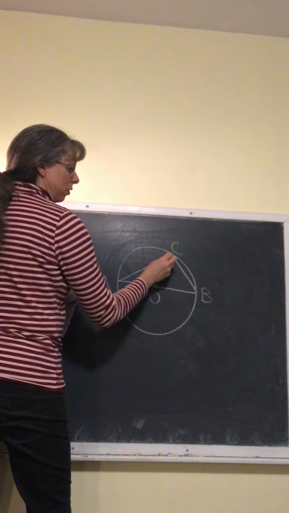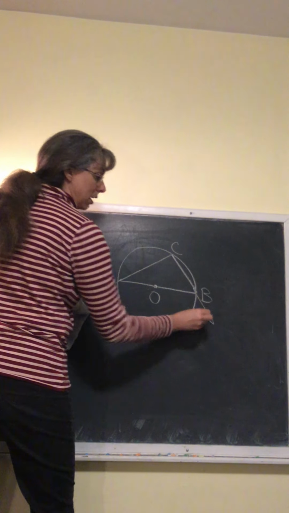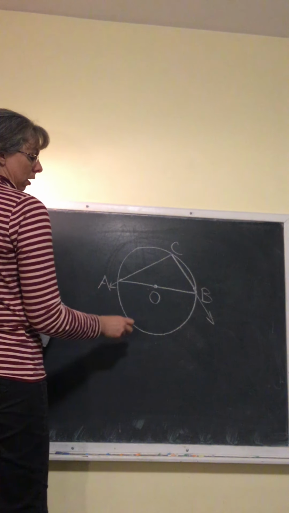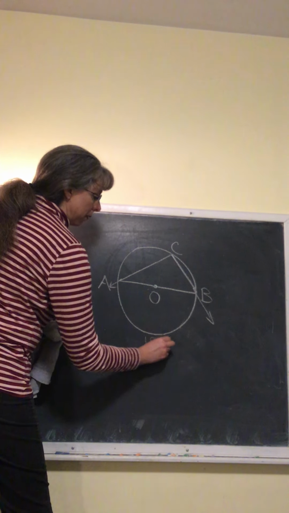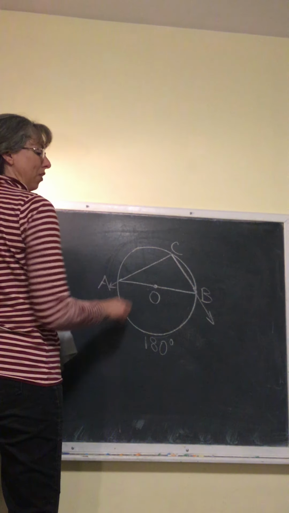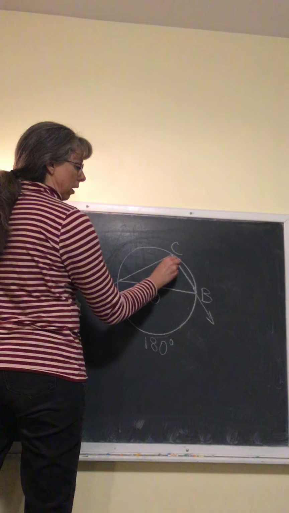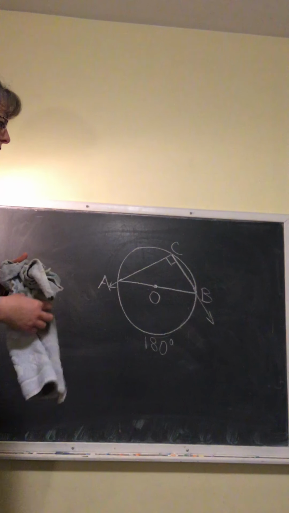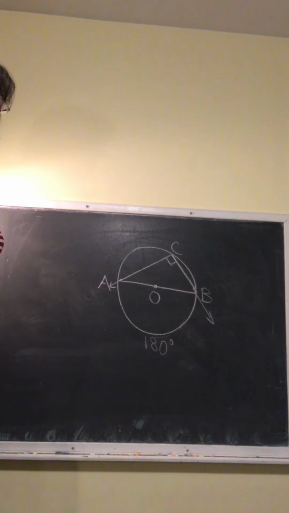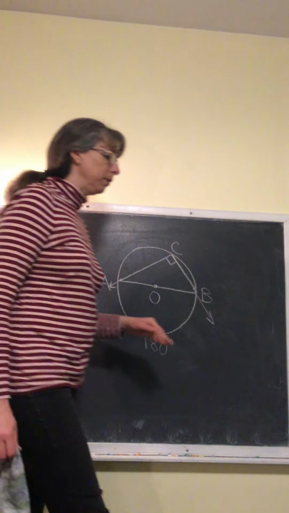If I have angle C here that intercepts a semicircle, if this is 180 degrees, and an inscribed angle is half the intercepted arc, then that means this is a 90-degree angle. And so I will just indicate there that that's a right angle. So any angle inscribed in a semicircle is a right angle.